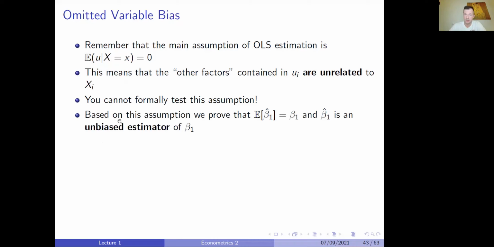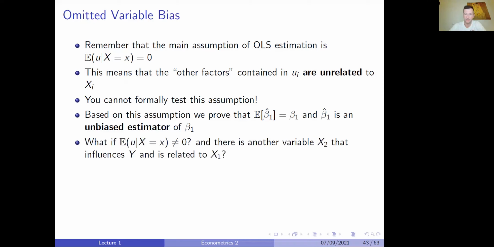Based on this assumption, we prove that beta 1 hat is an unbiased estimator, which is a desired feature of this estimator. But if this expectation is not 0, and there is another variable x2 that influences Y and is related to x1, what happens?